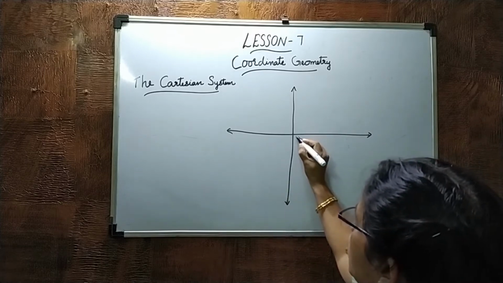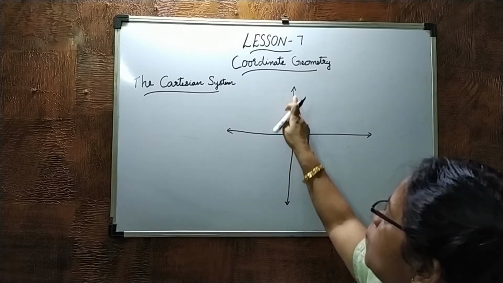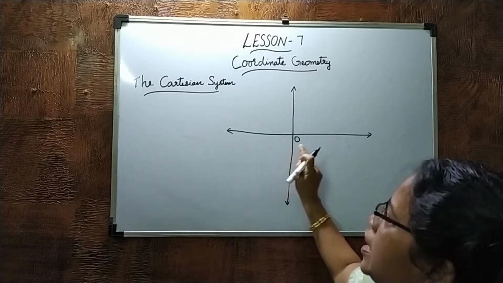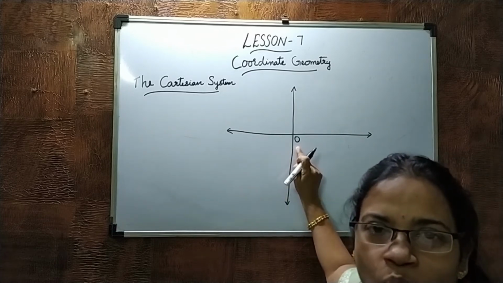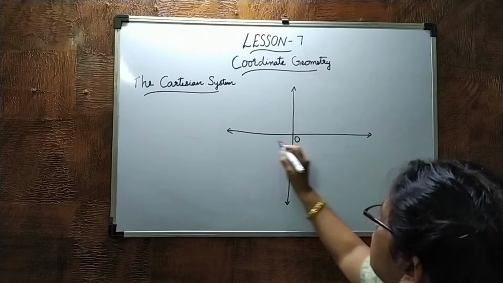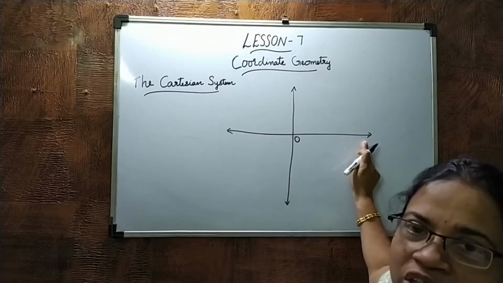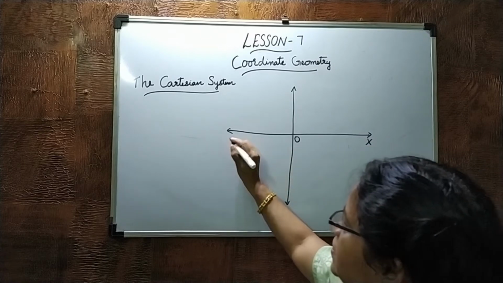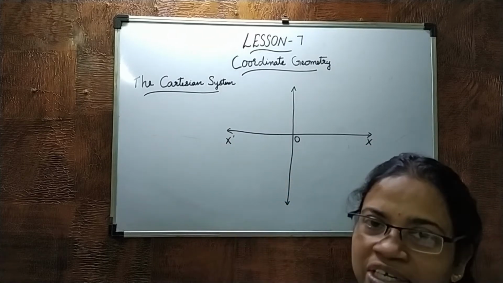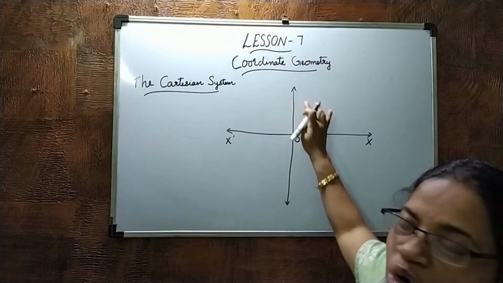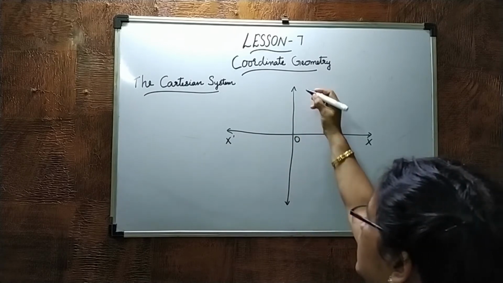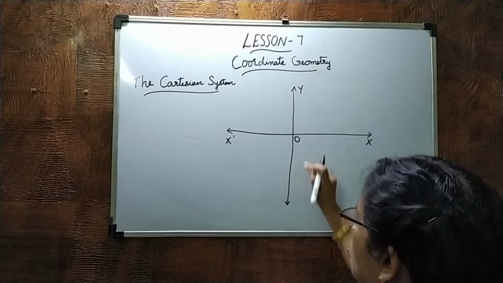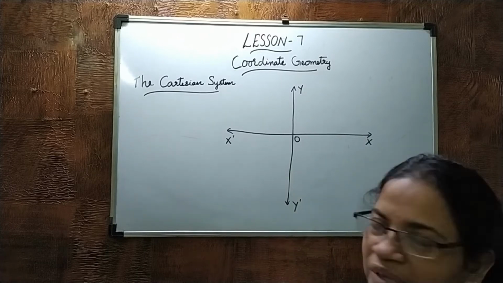Then at the intersecting point of this vertical line and horizontal line, we'll write origin O. This horizontal line is called what? X-axis, XOX', right? Then the vertical line is called y-axis, and here it is YOY', right?